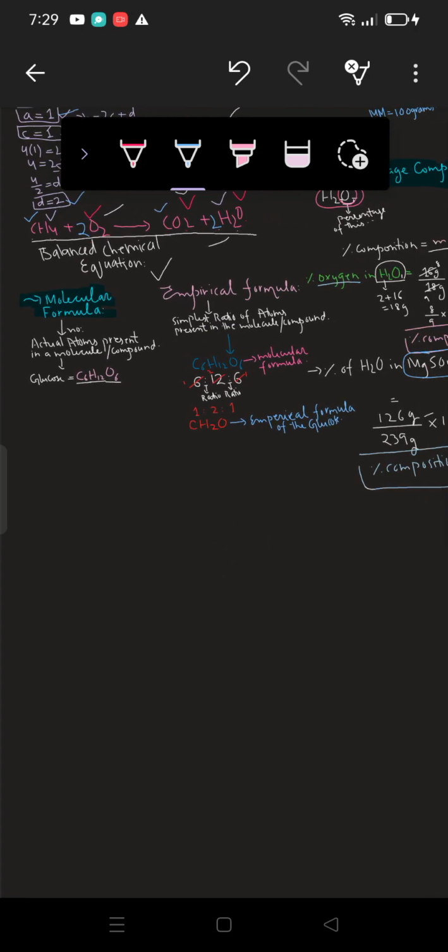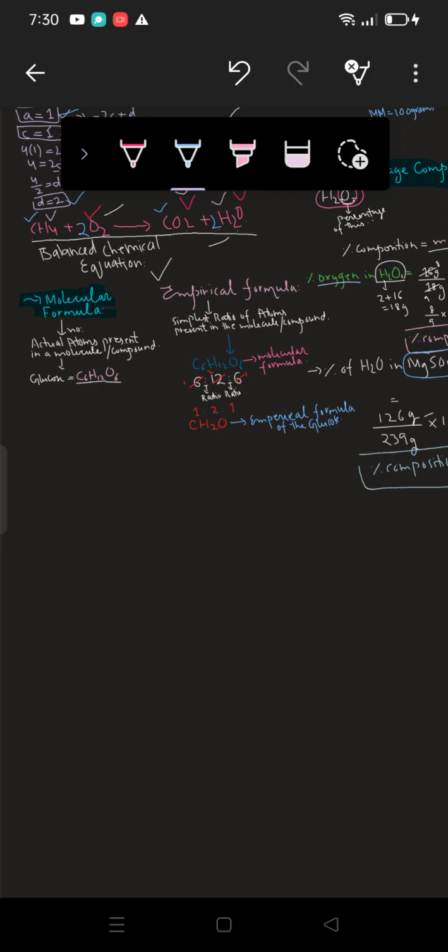C6H12O6 was the molecular formula, since it was letting us know about the actual number of atoms present in the molecule or in the compound. However, the empirical formula has given us the ratio of it. CH2O is basically the glucose as well, but it is the empirical formula of it. It is not an actual formula, however it is giving us the simplest ratio of the glucose molecule, right?